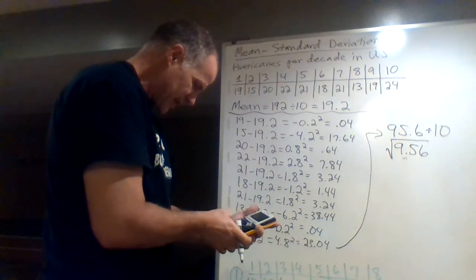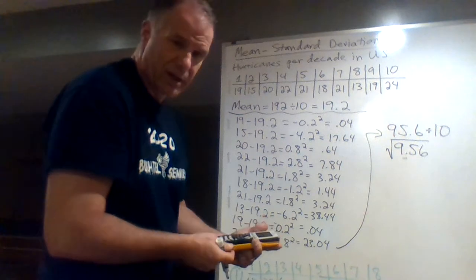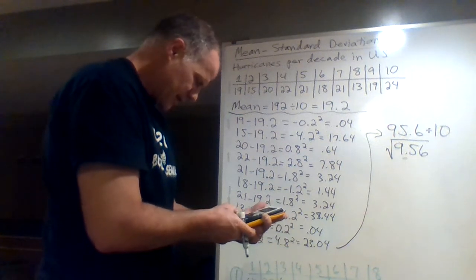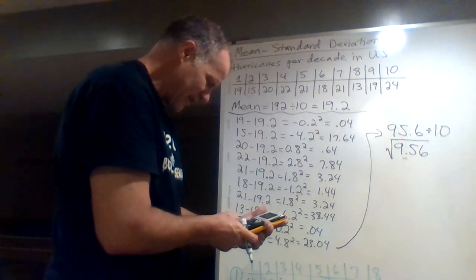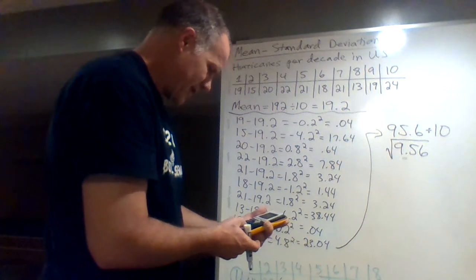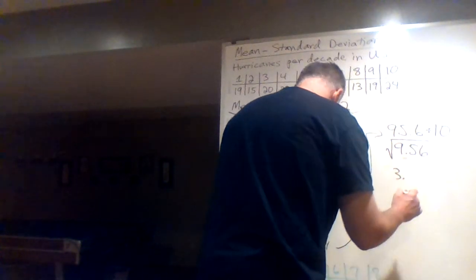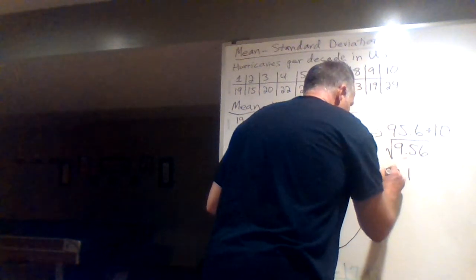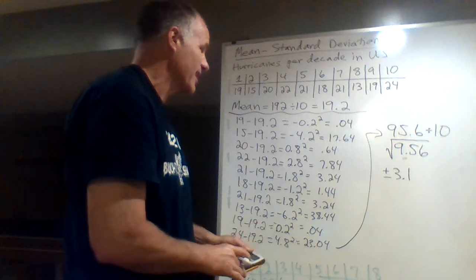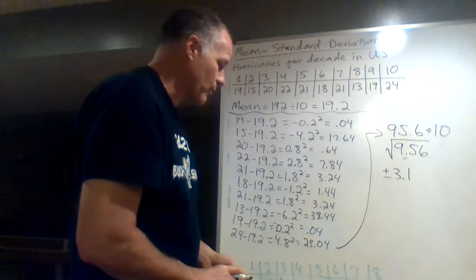So the square root of 9.56, and we're going to stay at one decimal, is 3.09, so 3.1. That is actually our standard deviation, 3.1.